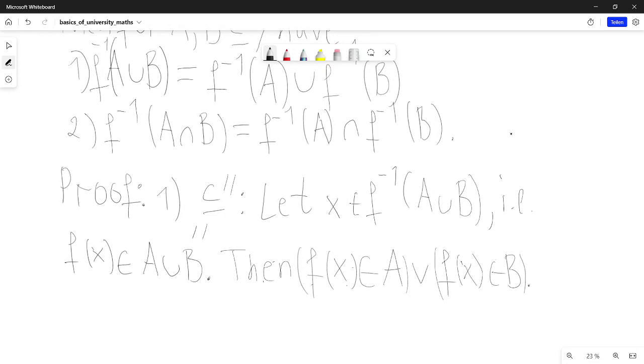But this means exactly, that means, right, just by definition of a preimage.